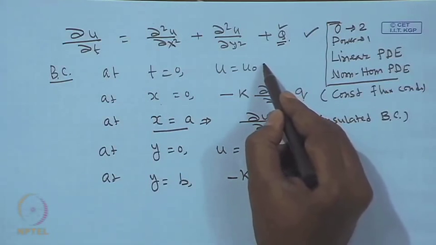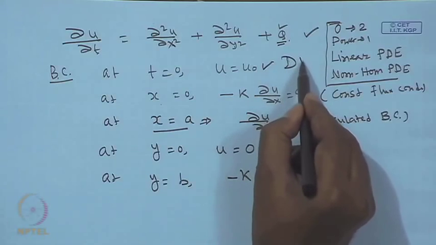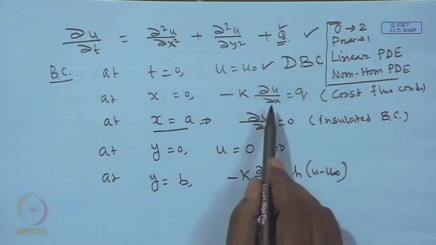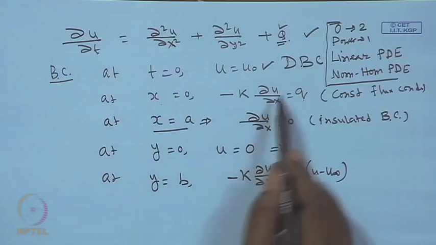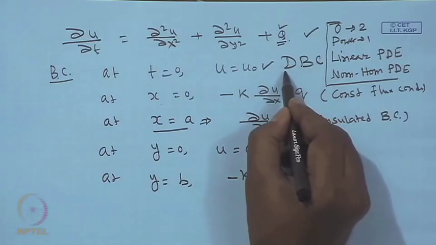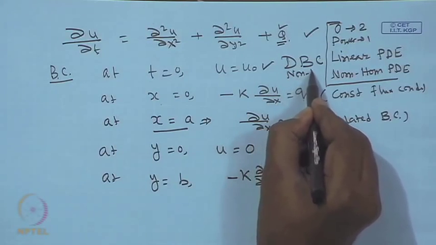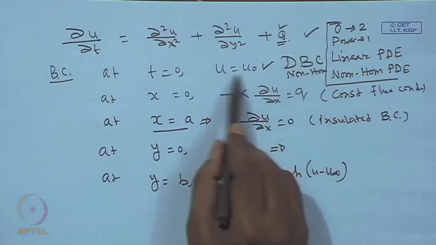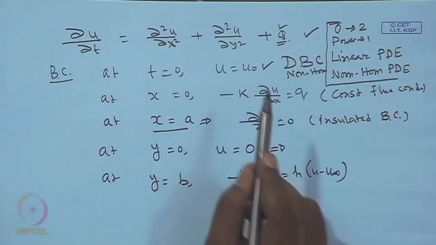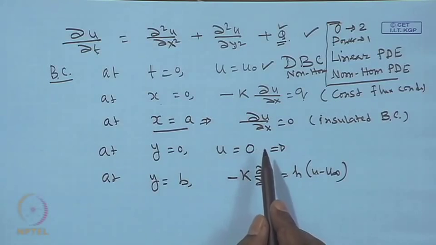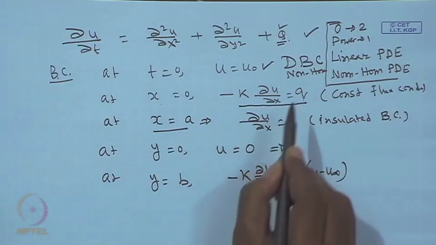The boundary condition u = u0 is specified here, so it is a Dirichlet boundary condition, and it is a non-homogeneous Dirichlet boundary condition, because there is a term present which does not contain the dependent variable. Now, let us examine the next boundary condition.